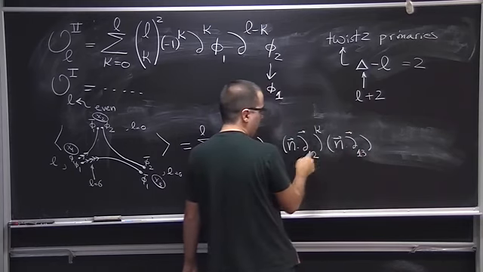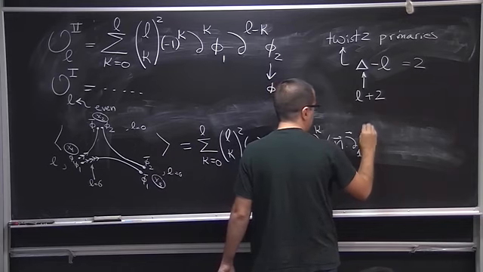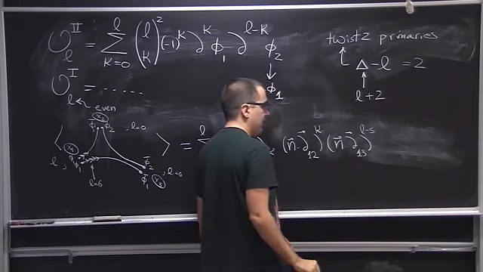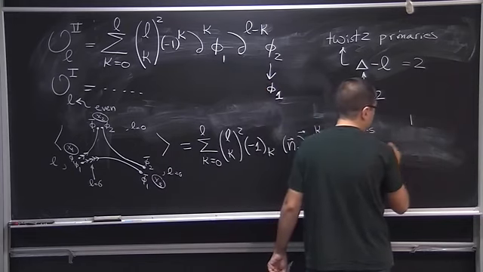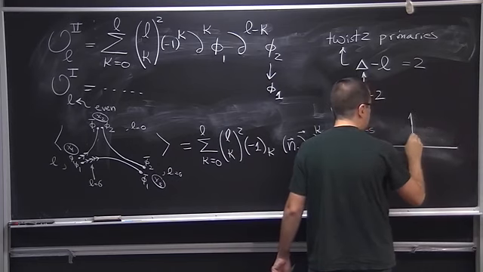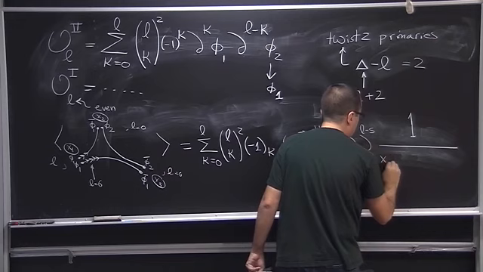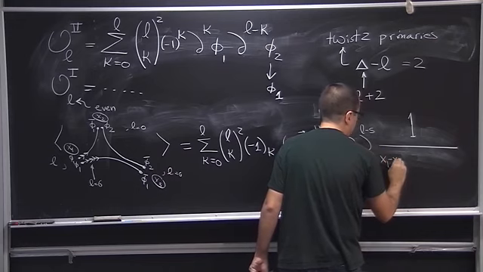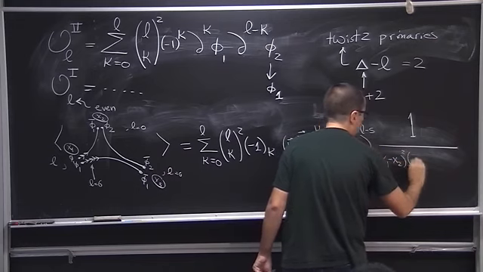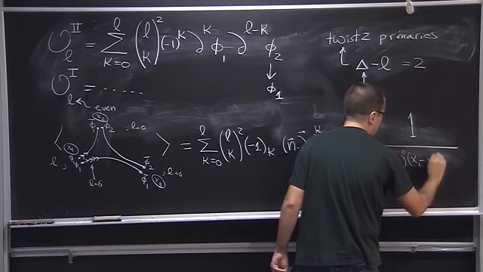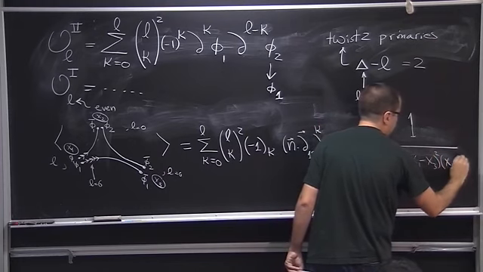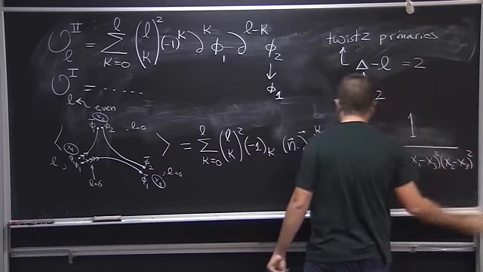I put this index to remind me on which propagator I should act, to the power L minus k. And all this is acting on just the correlation function of 3 scalars, just the product of all these propagators. That is what? I have a propagator between x1 and x2, a propagator between x1 and x3, and a propagator between x2 and x3. It's a triangle as drawn here.